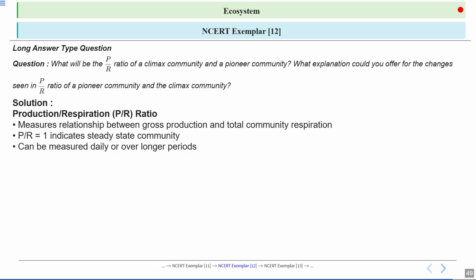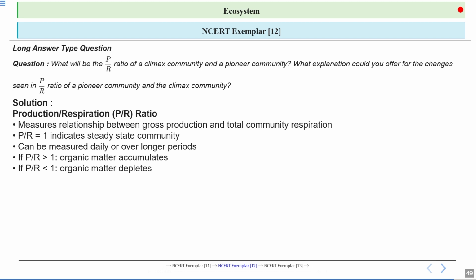A P by R ratio can be measured over different time frames, such as daily or over longer periods. This flexibility allows ecologists to monitor changes and trends in ecosystem productivity and respiration, providing valuable insights into ecological health. Now let's look at what happens when the P by R ratio is not equal to 1.